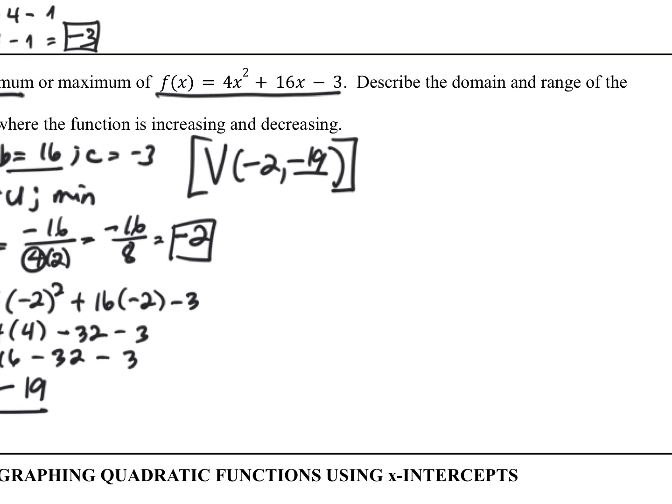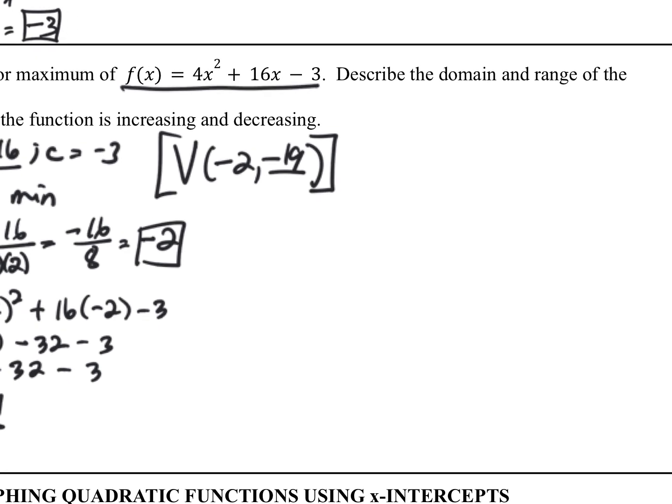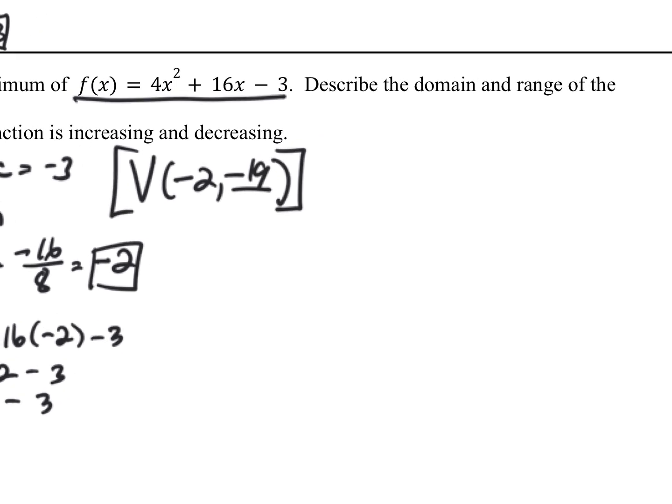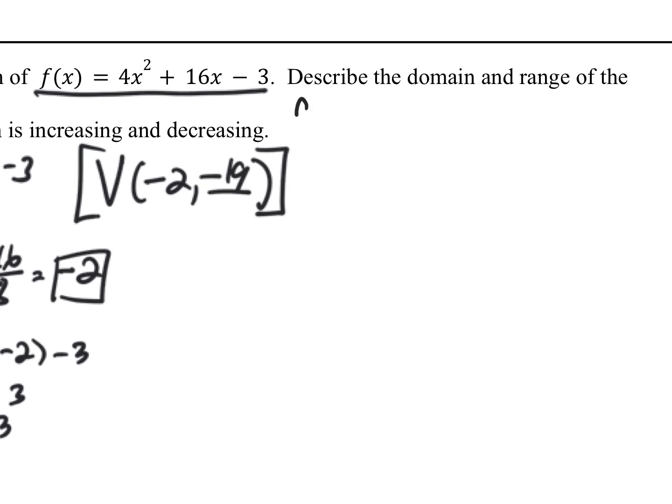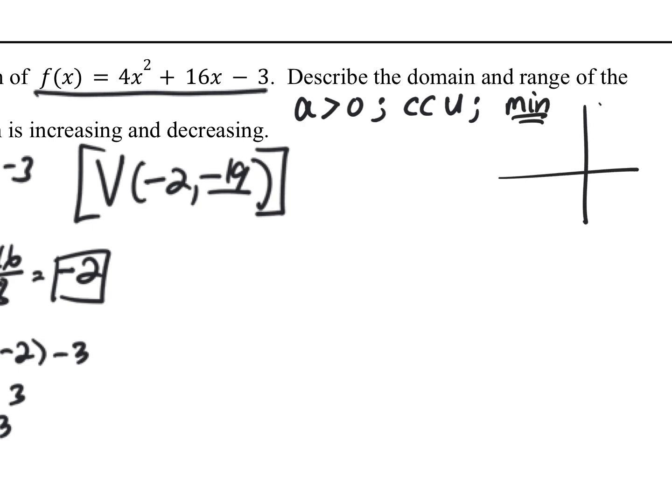Okay, so we said earlier that the graph is going to be concave up because the value of our a here is greater than 0. Therefore, it's going to be concave up and it's going to have a minimum value. So it's going to be looking like this, something like that, where you can find the vertex at the very lowest point.